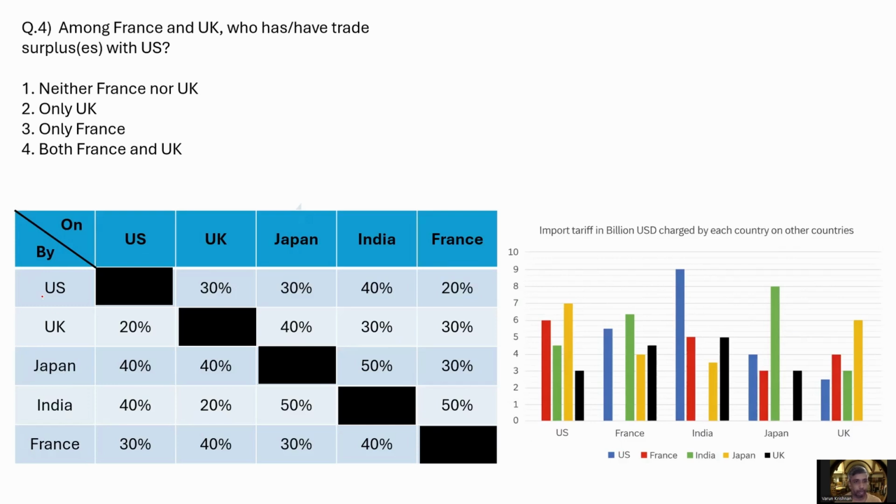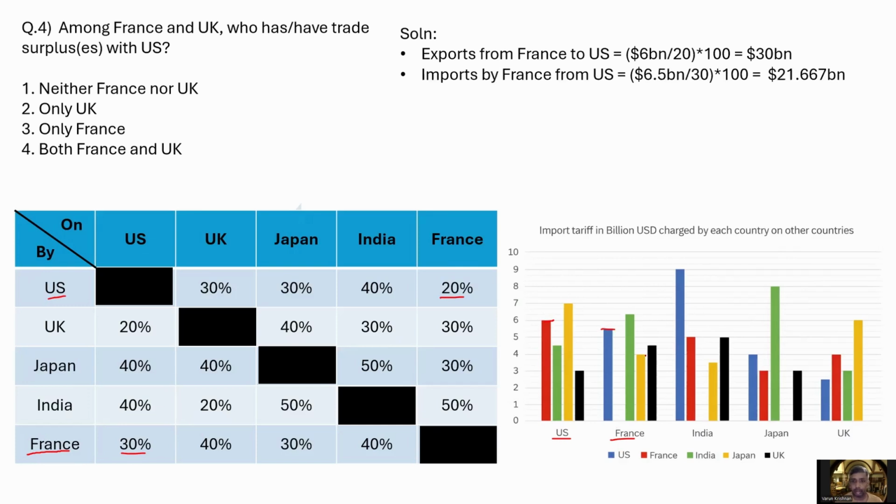So US is buying from France at 20% tariff, and US is importing from France, which is in red, 6 billion. So exports from France to the US, which is US buying from France, total $30 billion. And France is buying from the US, importing from the US at 30%. How much? France from the US is 5.5 billion, right? So 5.5 billion.